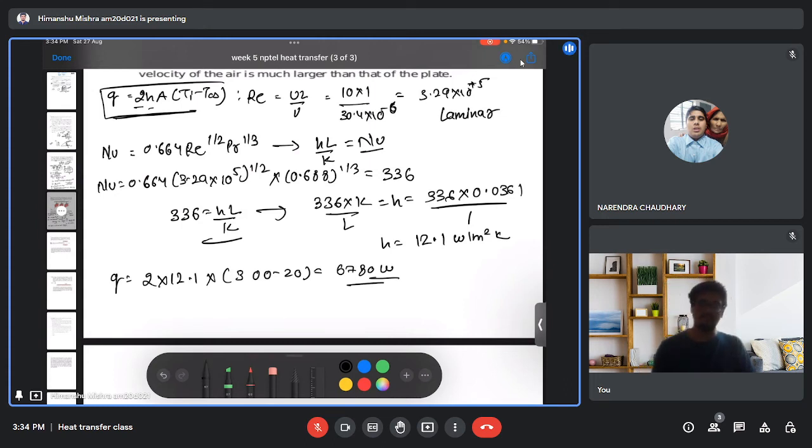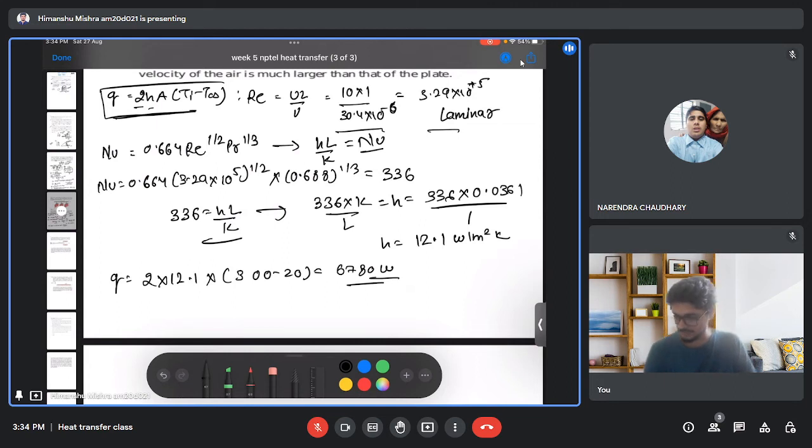This is the first part of the problem where we need to find the heat transfer. Obviously we need the heat transfer coefficient, which we find from the laminar Nusselt number correlation. We first check whether the flow is laminar or turbulent, and according to that we use the correlation to find the heat transfer rate.